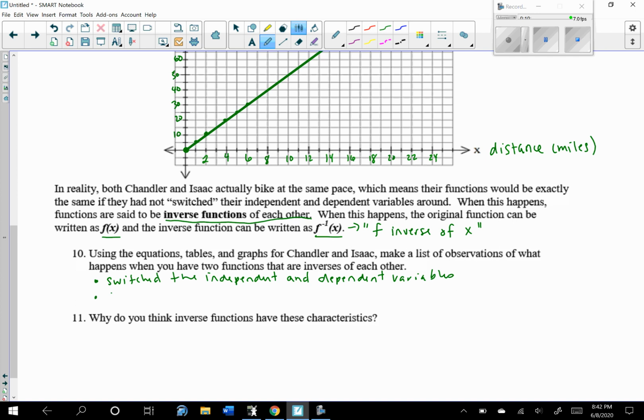Or we could say we switched the domain and range.